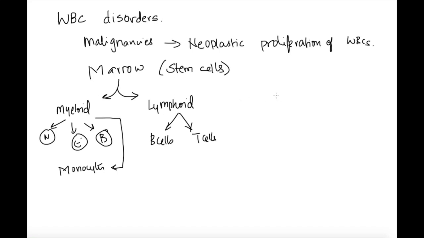So let me just give you an overview of what exactly happens in the myeloid series. First, we have the myeloblast. We know the term blast refers to immature cells which have the capacity for multiplication. From myeloblast, we will have the promyelocyte.